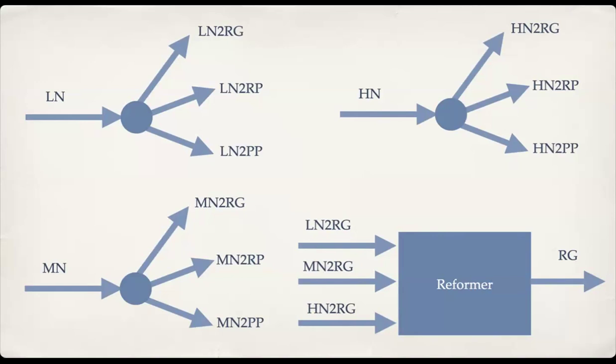So you see that if you look at the reformer, it receives the amount of light naphtha, medium naphtha, and heavy naphtha for this process.